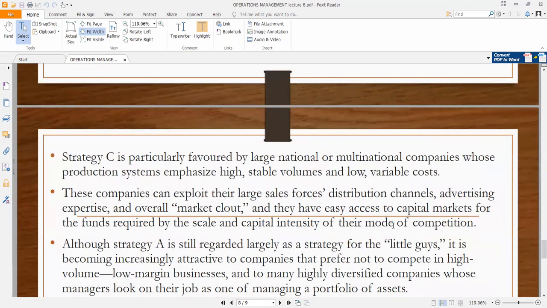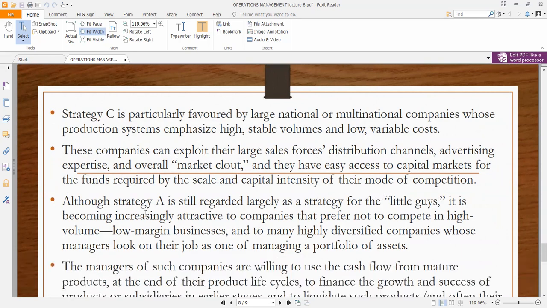No. Okay, it changes. These companies can exploit their large sales forces, distribution channels, advertising expertise, and overall market clout. Okay, and they have easy access to capital markets for the funds required by the scale and capital intensity of their mode of competition.